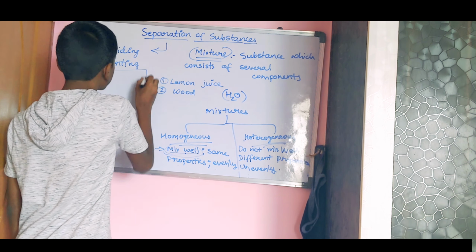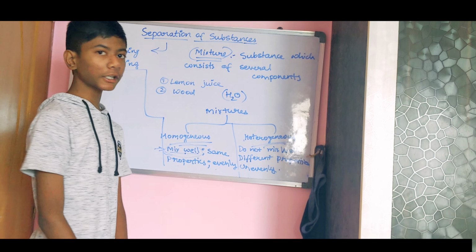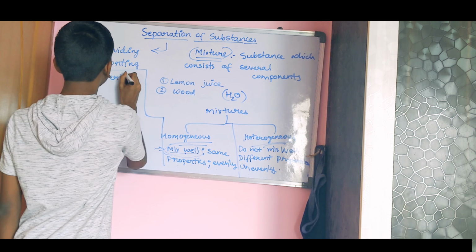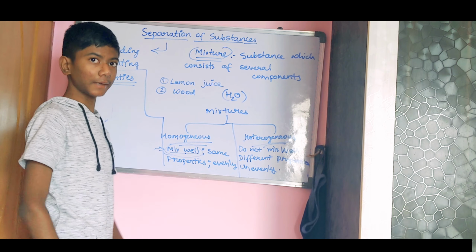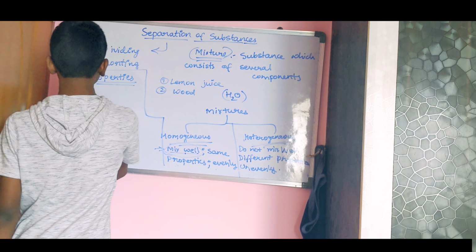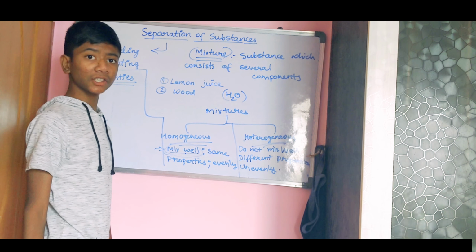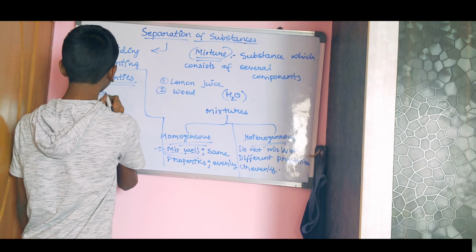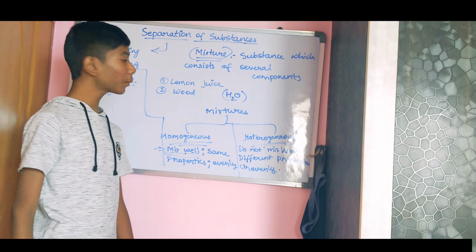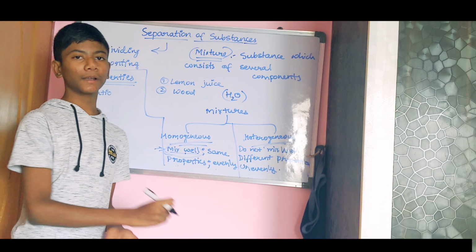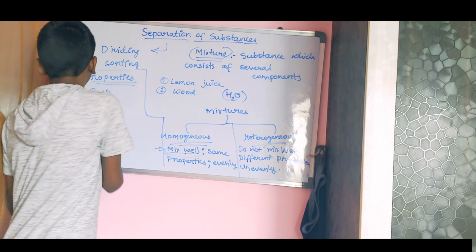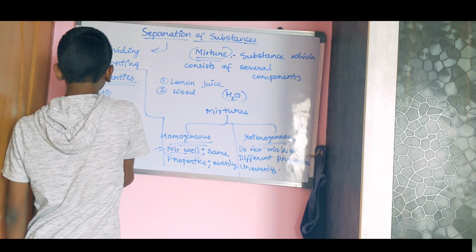So next let us check what are properties of mixtures. There are three main properties of mixture to know. First one, components in a mixture can be in any ratio. Here ratio refers to quantity. Components can be any quantity, large quantity or small quantity. Components in the mixture can be of different properties.